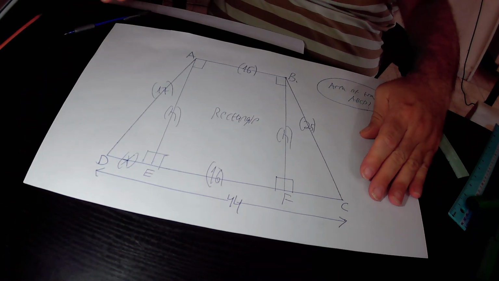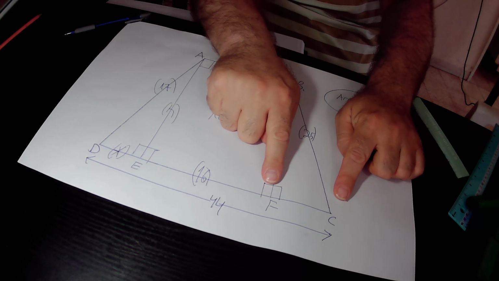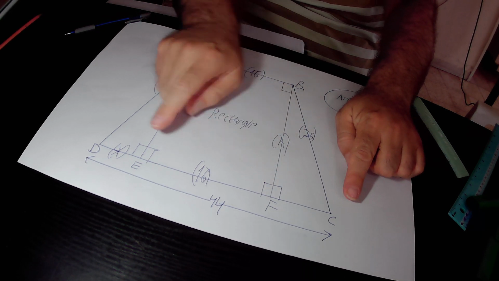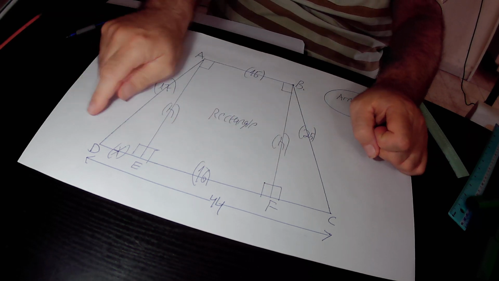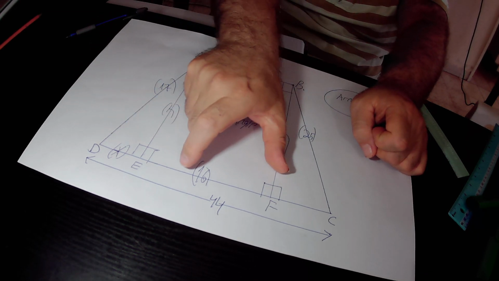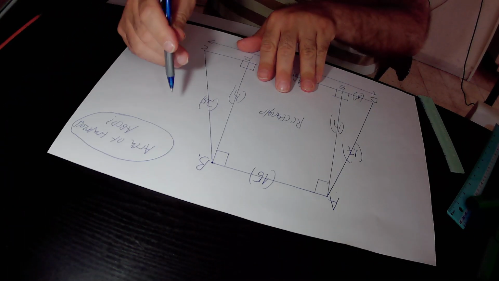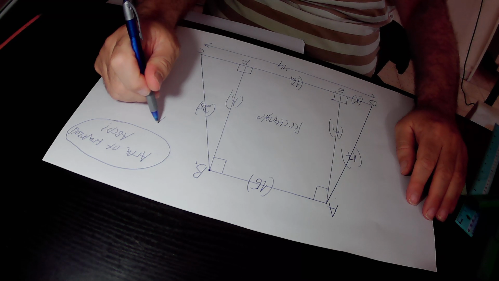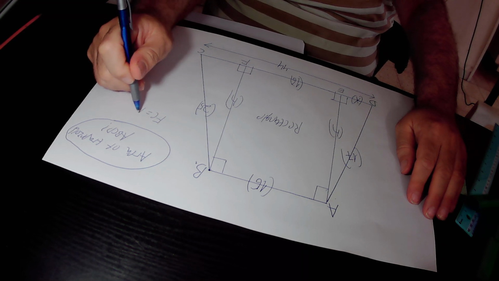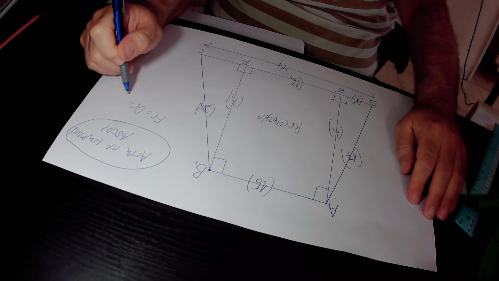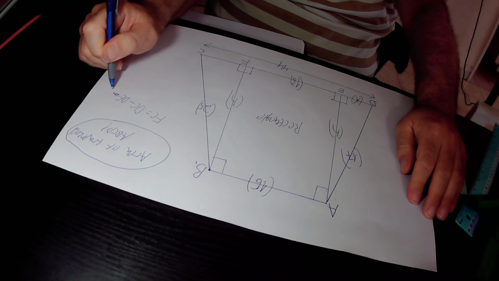What is the length of the missing line segment? Line segment FC. From the drawing it is very easy to see that FC equals DC minus DE minus EF. Again, FC in total equals DC minus DE minus EF. So I write it down. FC is equal to DC minus DE minus EF.